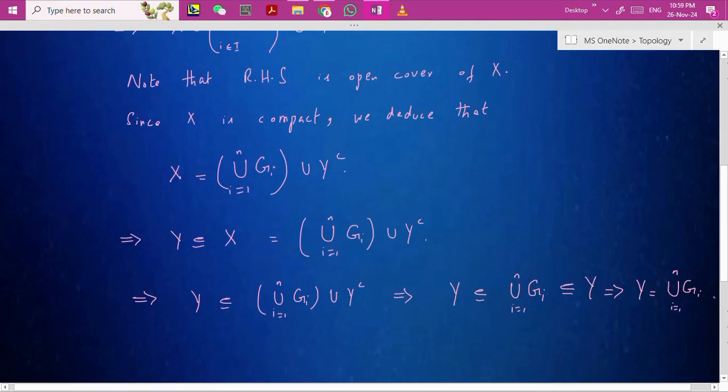Each G_i is open in Y. By using this expression, Y equals the union of G_i, i from 1 to n, we can say that we have found a finite subcover of Y, namely G_1 to G_n.